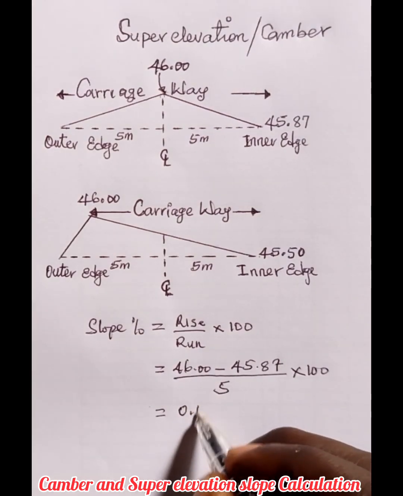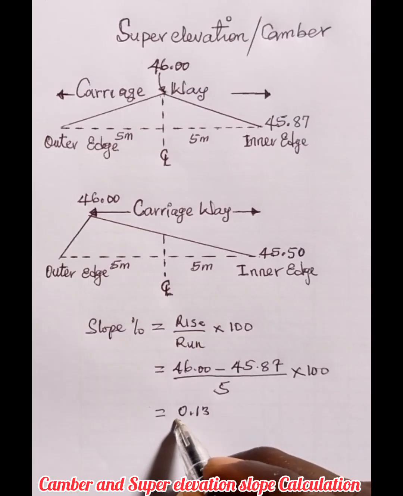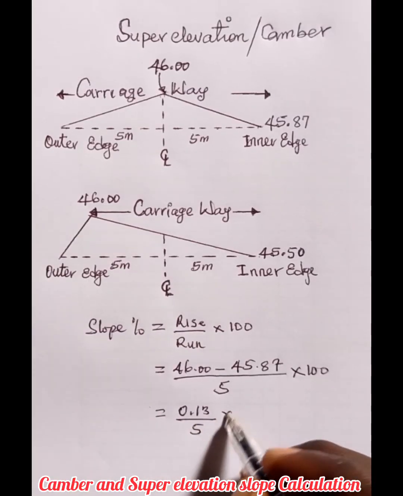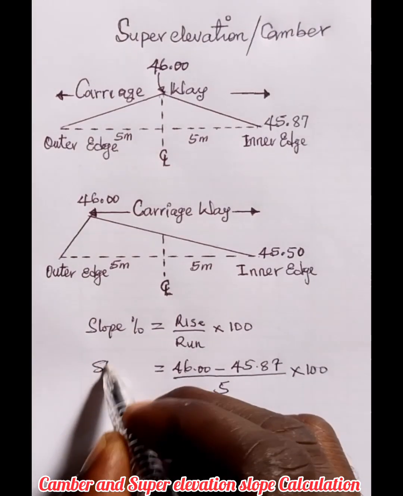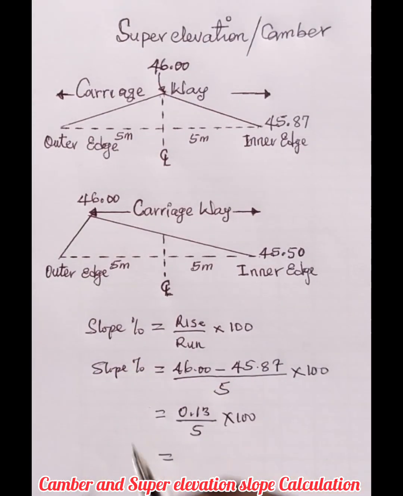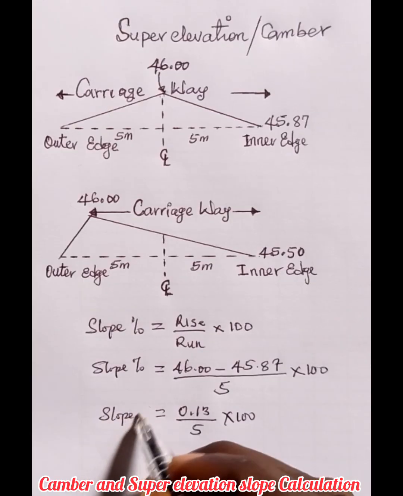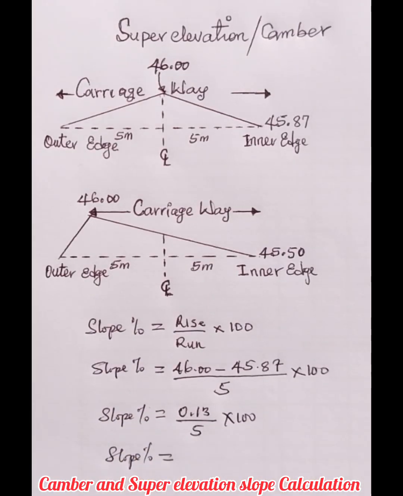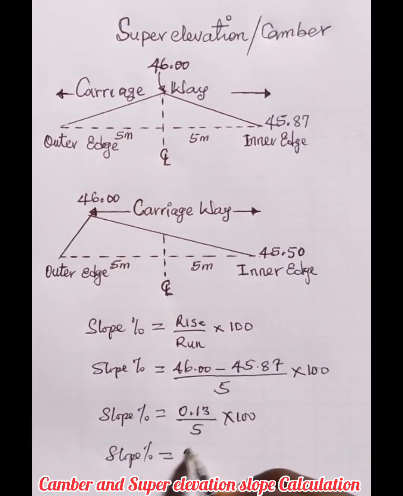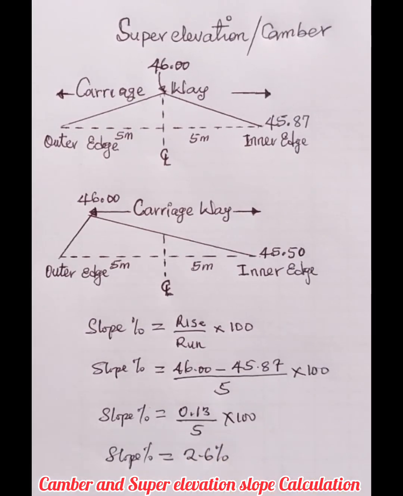We have 0.13 over 5 times 100. So this is giving us slope of what? This is giving us 2.6% slope.